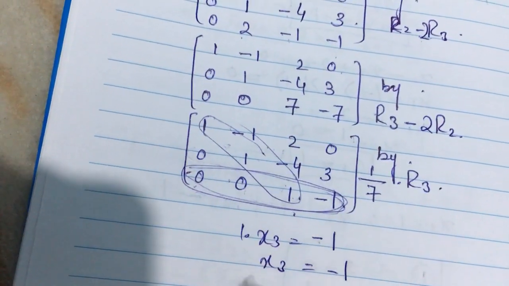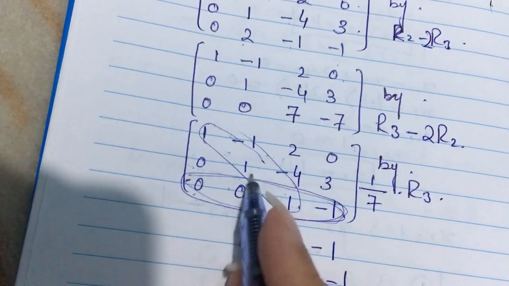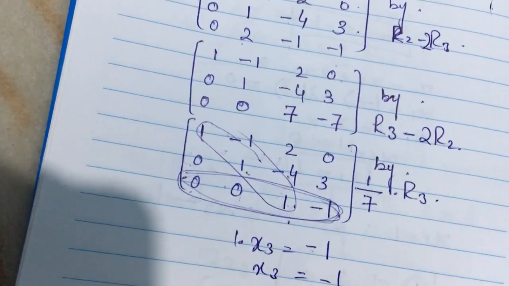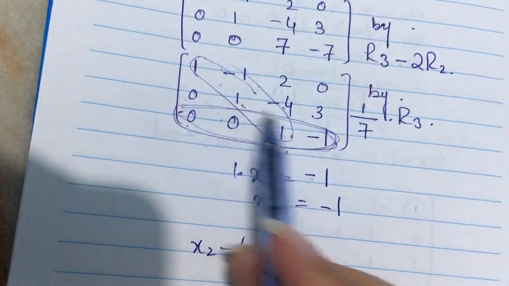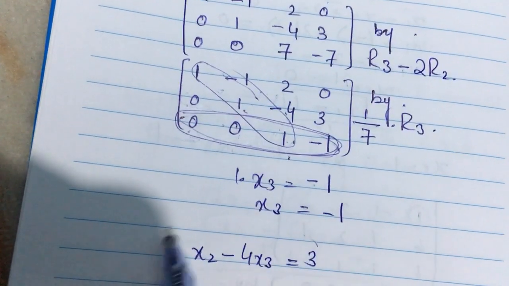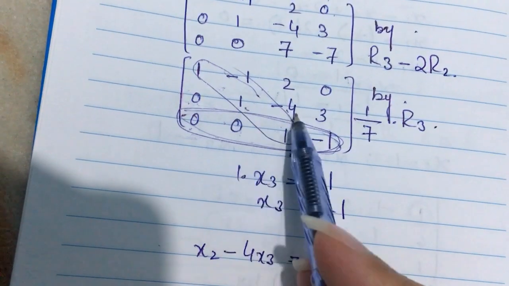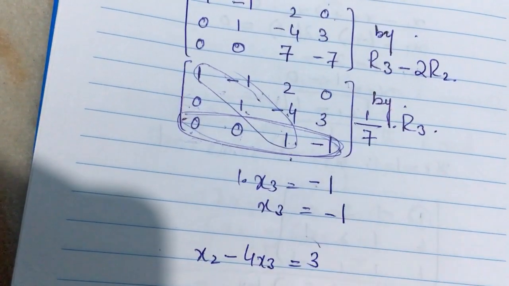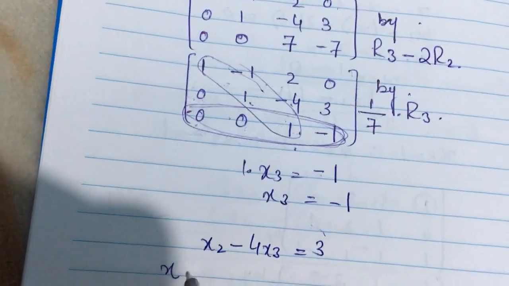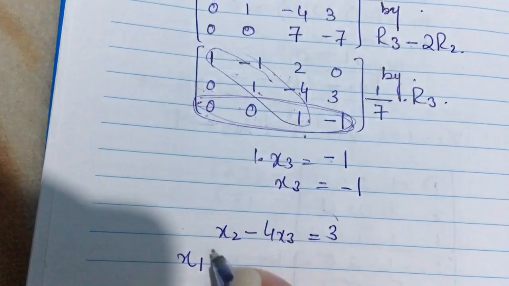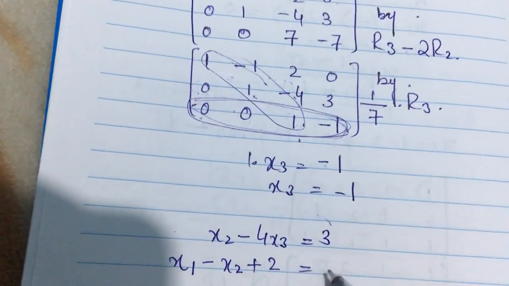Now the next equation: x1 is 0, x2 minus 4x3 equals 3. And the other equation is x1 minus x2 plus 2x3 equals 0.